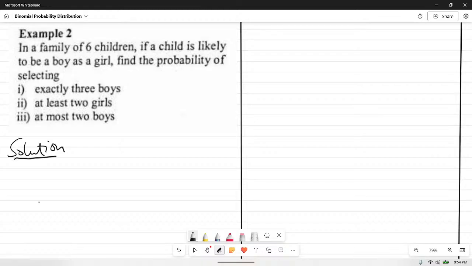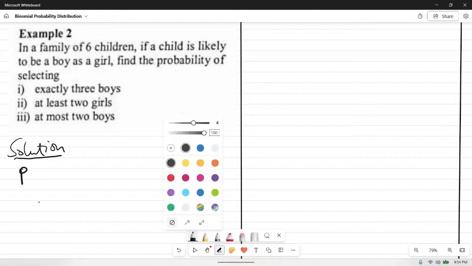Now, this English over here is very important. If a child is likely to be a boy as a girl, it means the chance of being a boy is the same as the chance of being a girl. You get it?